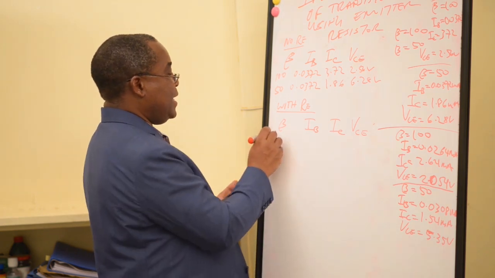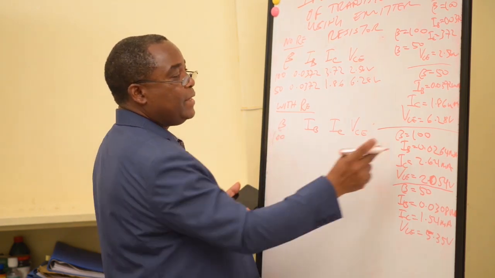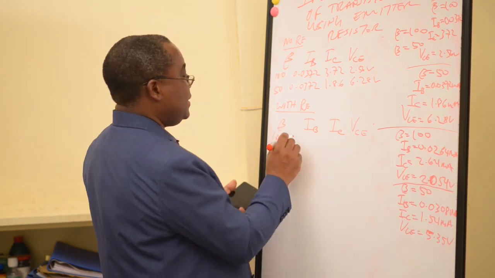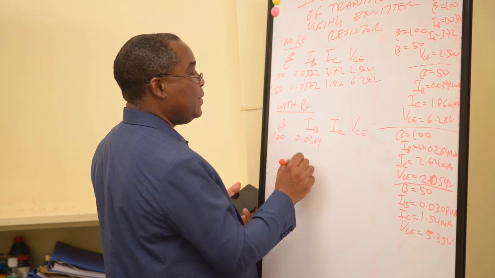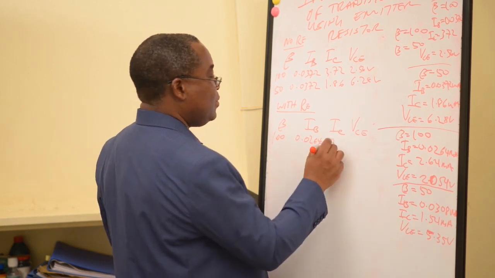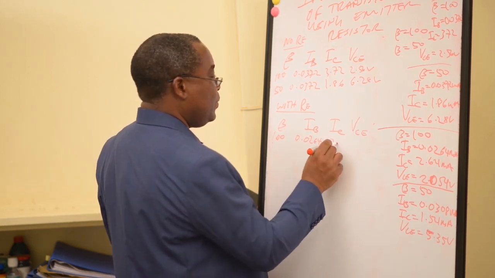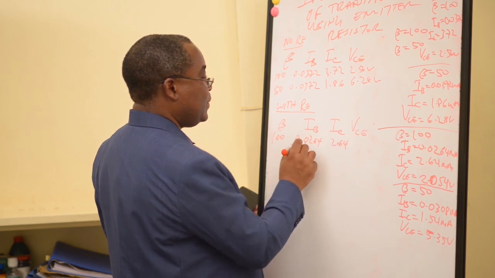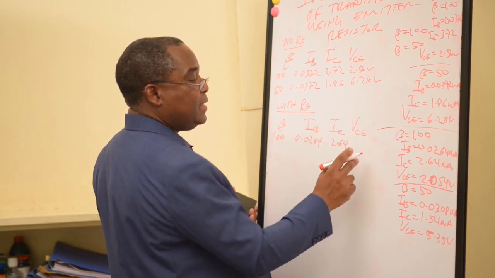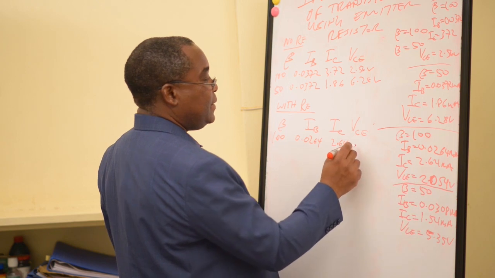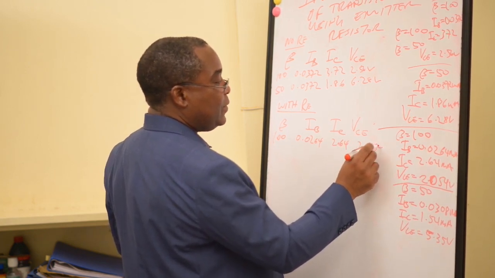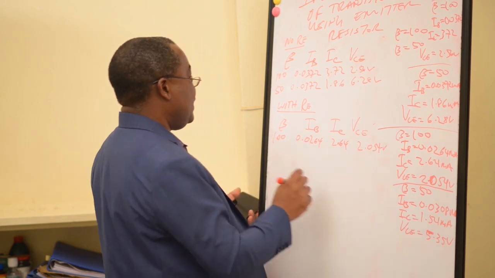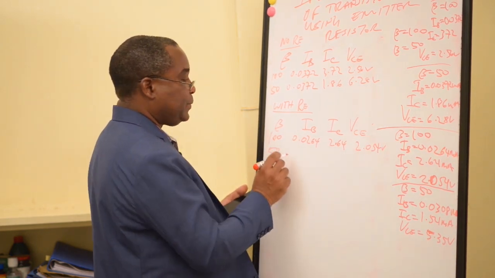So our beta at 100, our IB was 0.0264, and our IC is 2.64, and our VCE is 2.054 volts.